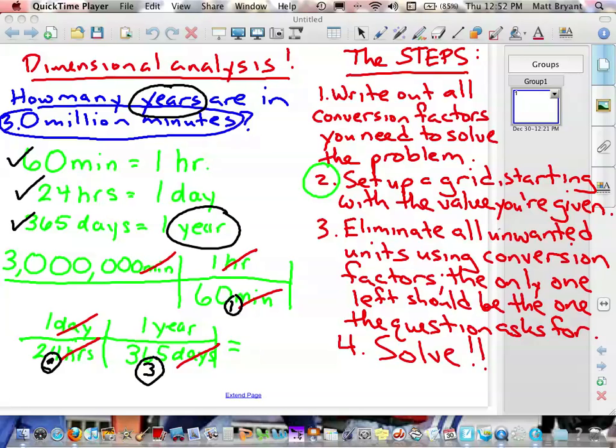Right? And if we write out our final answer, again, we have to go back to our original number to figure out how many sig figs we want in our final answer, where it looks like we need 2 sig figs, because 3.0 is 2 significant figures. So our final answer, once we do all the math, is going to be 5.7 years.